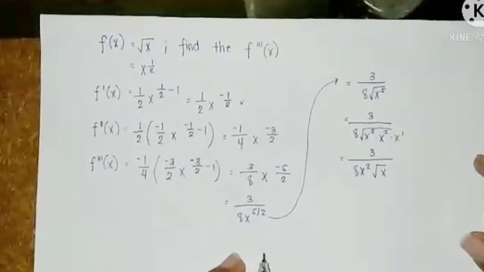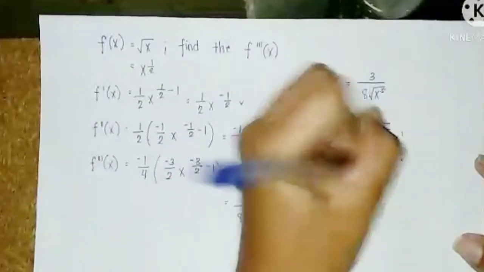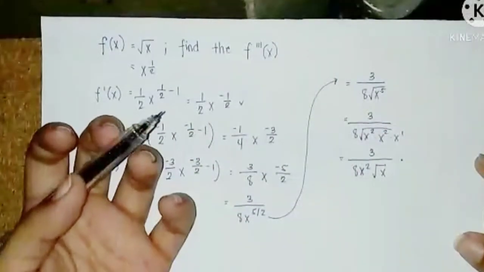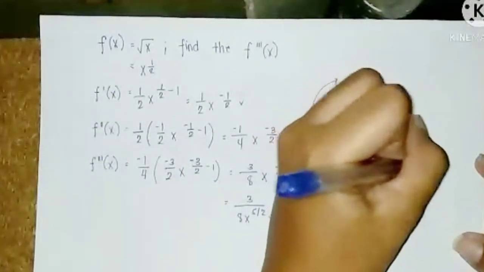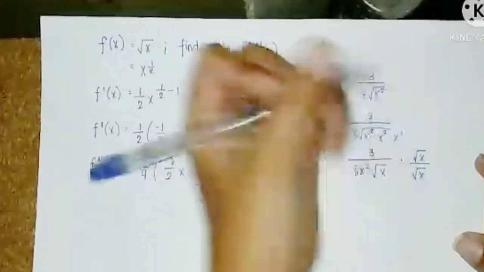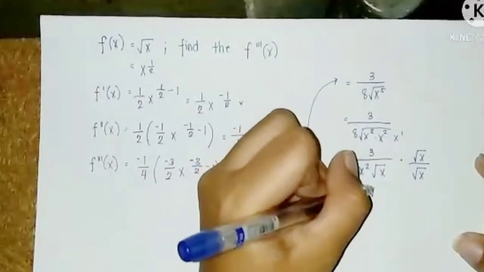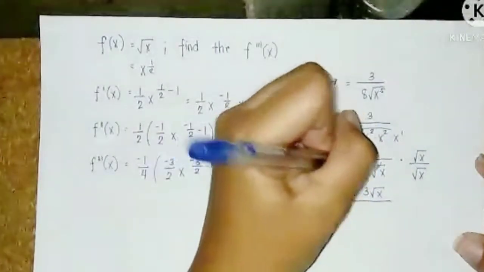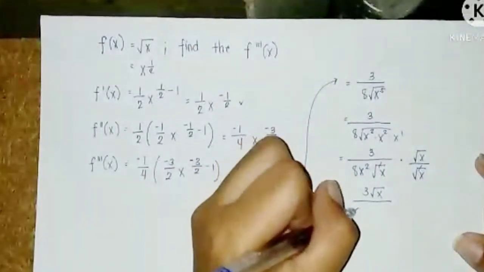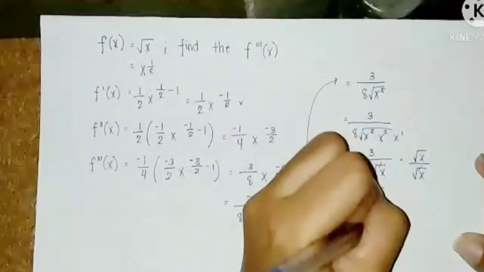And if you want to rationalize this, we will have to divide both denominator and numerator by square root of x. And we will have 3 square root of x over, let's cancel this, 8x squared times x.